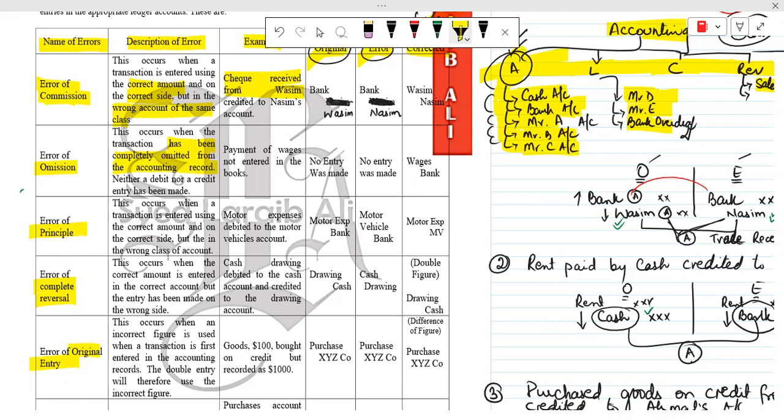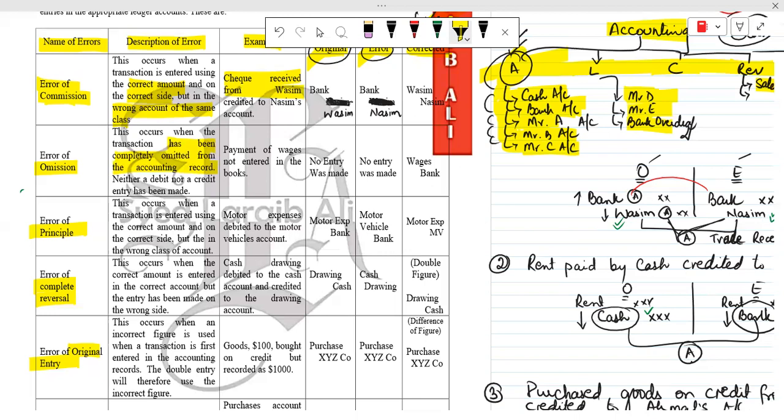Let's take an example of correction of error of omission. Remember, how are you going to identify this? In your transaction, it would be written, for example, payment of wages not entered in the books. It means neither on the debit side nor on the credit side.